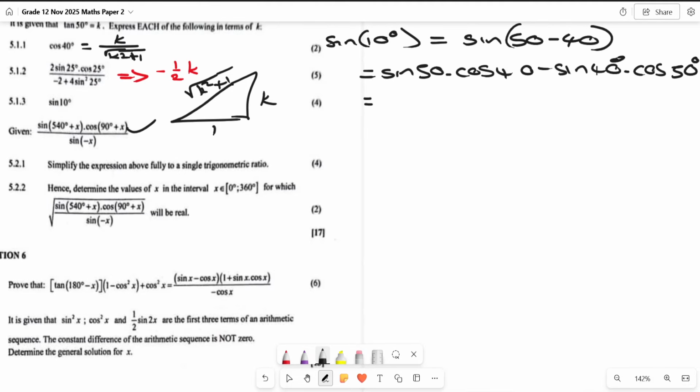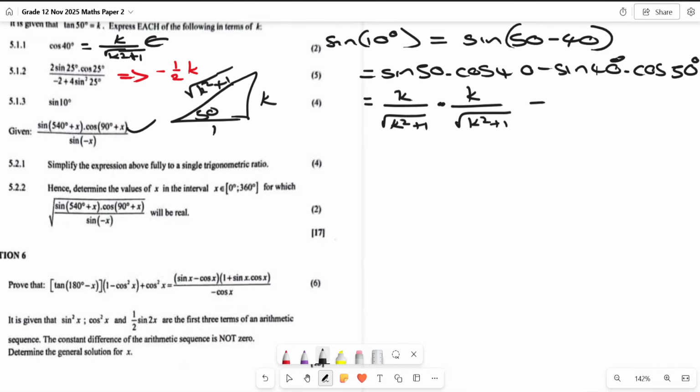So the ratio of sine 50, sorry guys, that is 50, will be equal to opposite over hypotenuse, which is k over the square root of k squared plus 1. Times cos 40, which we also have over here already, which is k over the square root of k squared plus 1.